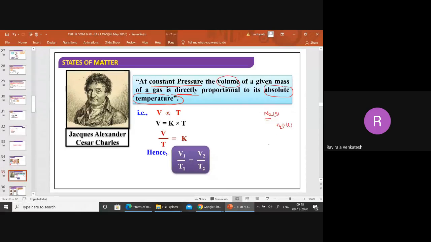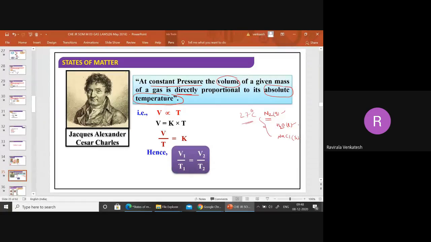And if I take potassium nitrate or NaCl, in which state will it be? Solid. So at room temperature, nitrogen is a gas, H2O is a liquid, NaCl is a solid, and all are at the same room temperature of 27 degrees Celsius. At the same temperature, one exists as a gas, another as a liquid, and another as a solid.